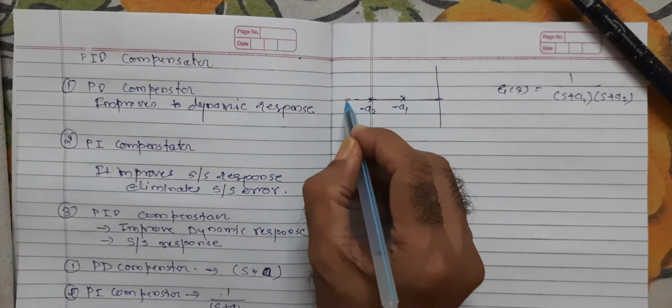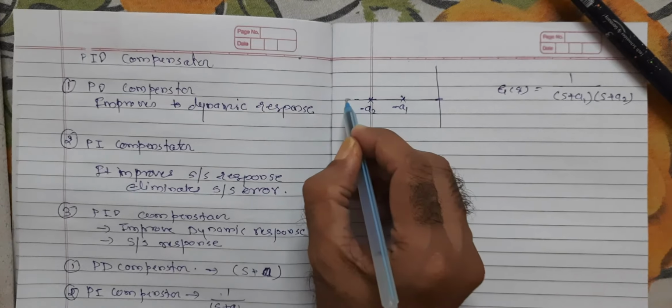There are only two poles, which are negative and real, and they lie on the x-axis. This is only for example purposes. Now we have to find the root locus of this.